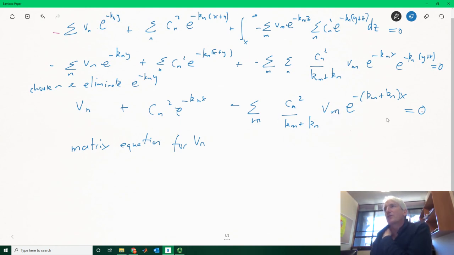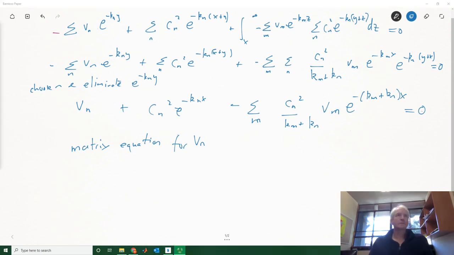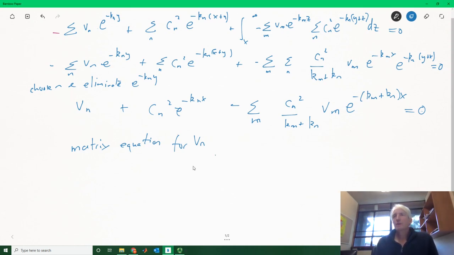This is effectively a matrix multiplication. So by matrix inversion, we can solve for b_n, and then that leads us to K, which leads us to U.